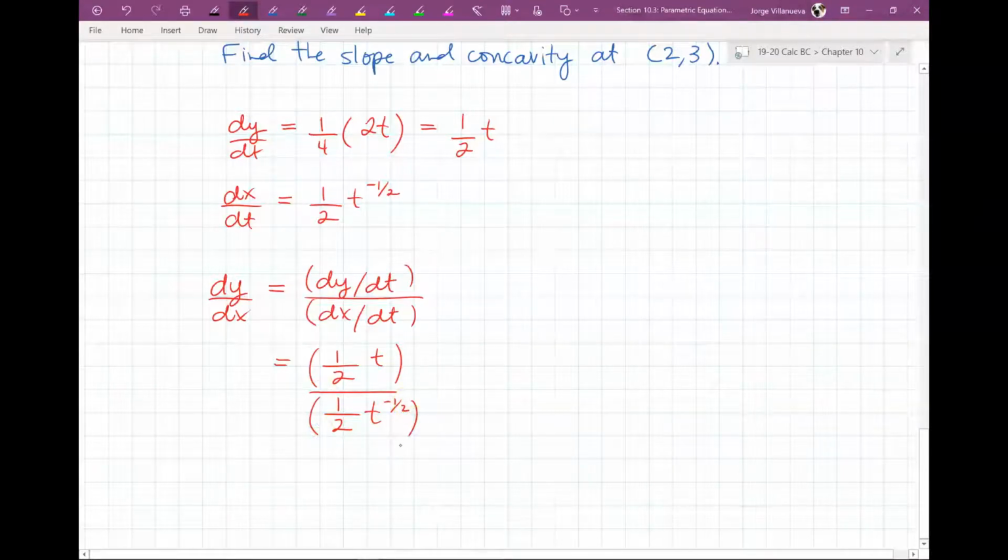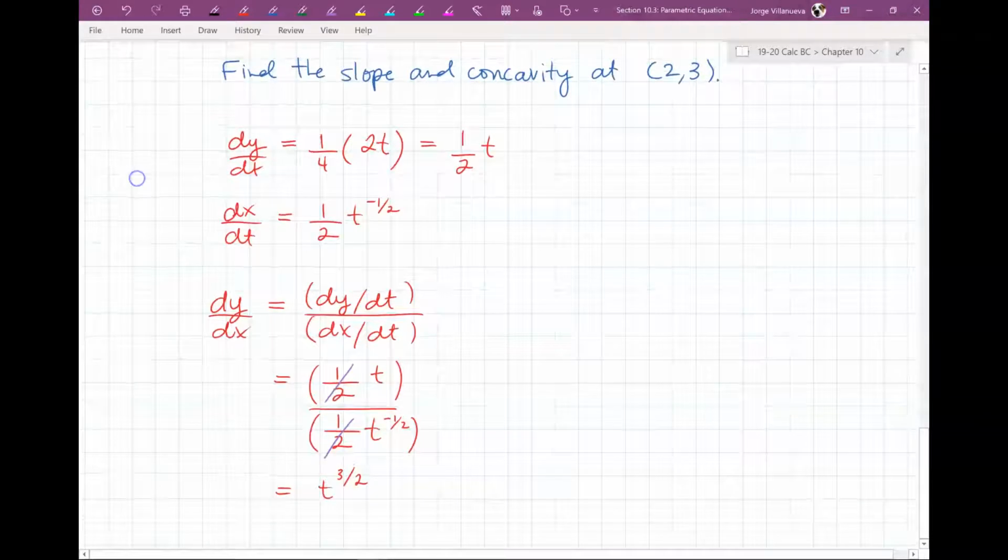So if I simplify, the halves will cancel, and t divided by t to the negative half actually becomes addition. That's actually t to the 3/2. So my first derivative comes out to t to the 3/2.